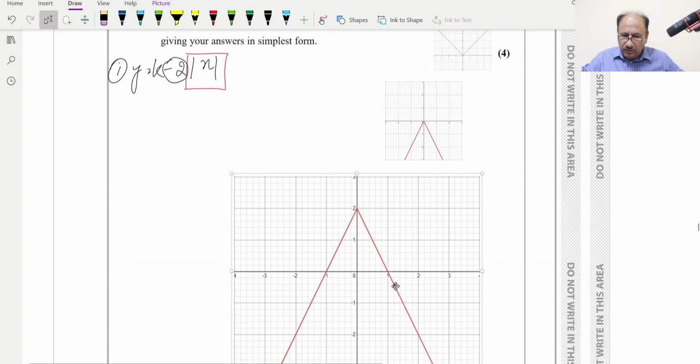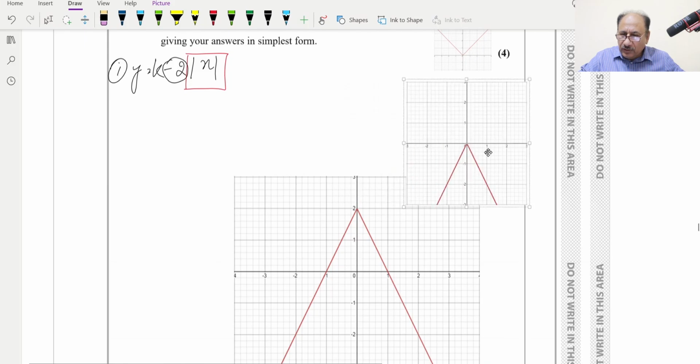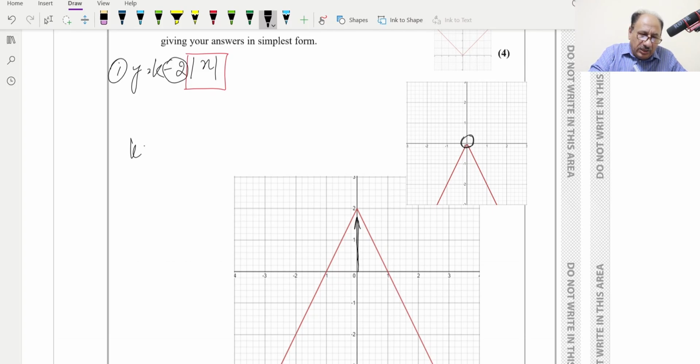If we enlarge it, see, in this case it was at the origin, but now this is 2 units upward. So I have taken basically the k value as 2. If we take the k value as 2, this will be moving upward 2 units.